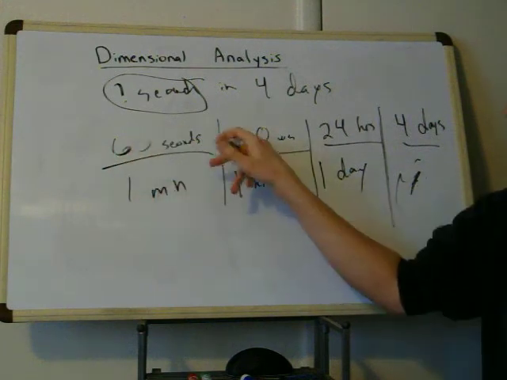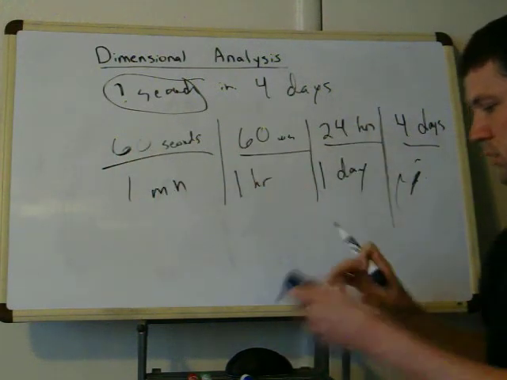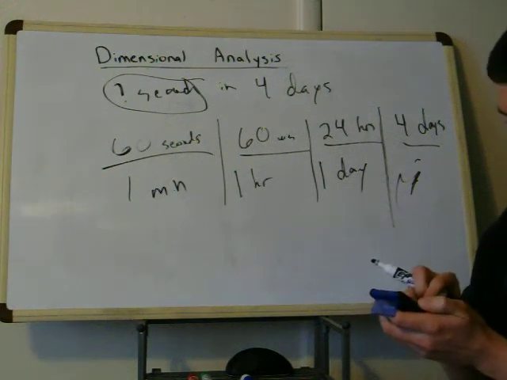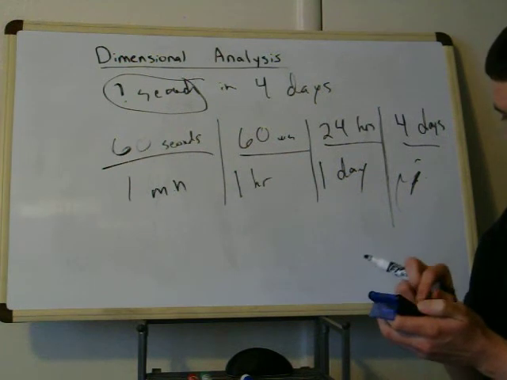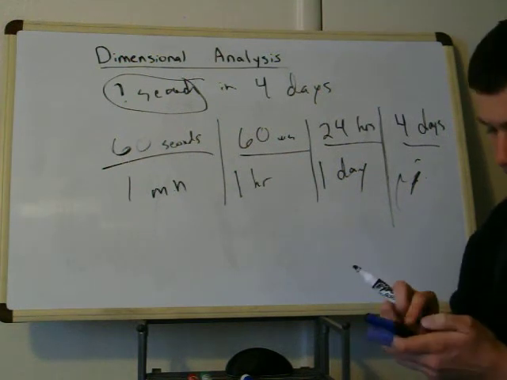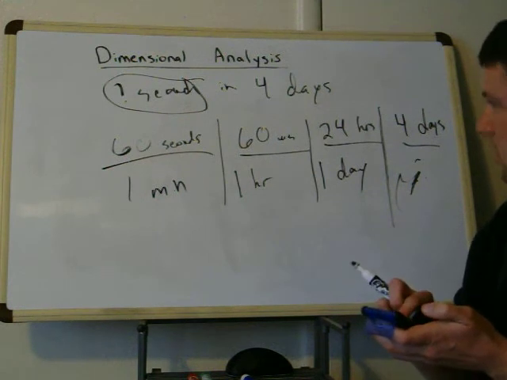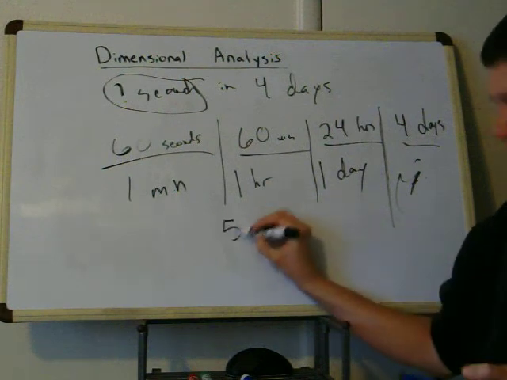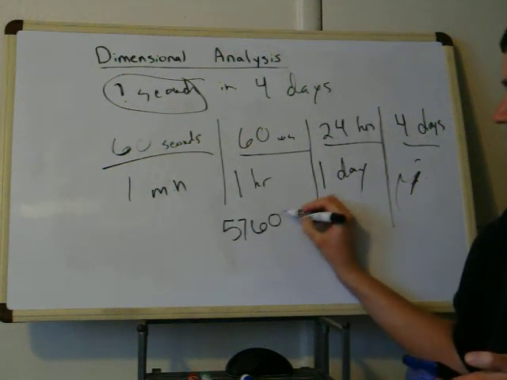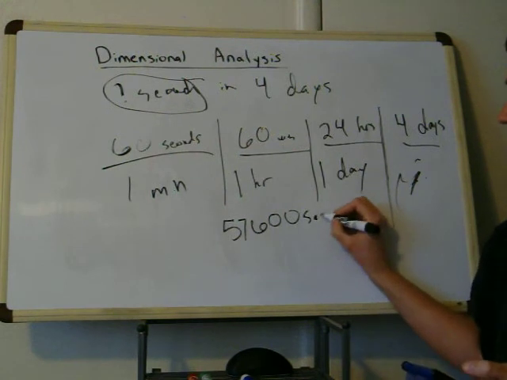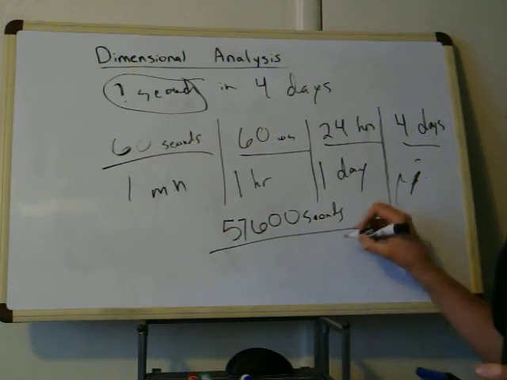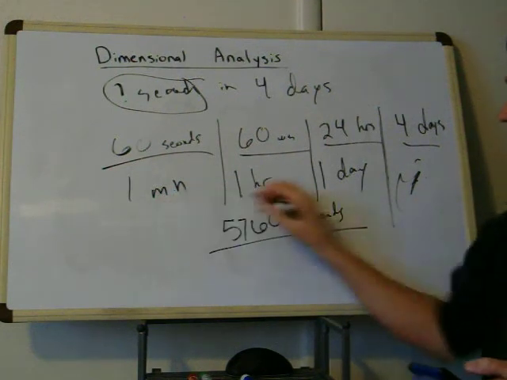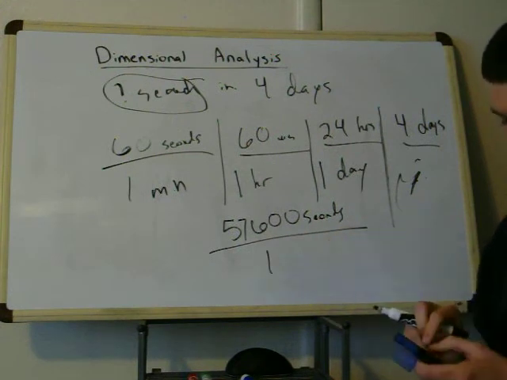So I do 60 times 24 times 4, and I get 57,600 seconds. And then on the bottom, I get 1 times 1 times 1, and that's just 1.